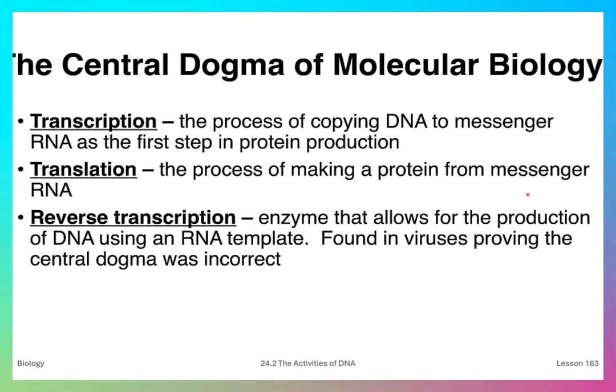So the discovery of reverse transcriptase proved that the central dogma of biology was incorrect. And you should remember that I may ask a question basically saying what discovery proved that the central dogma of biology was incorrect, and it was the discovery of reverse transcriptase.